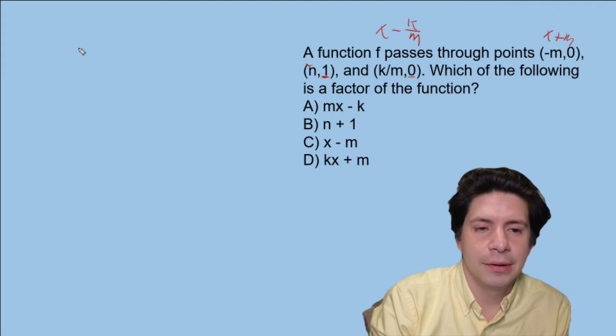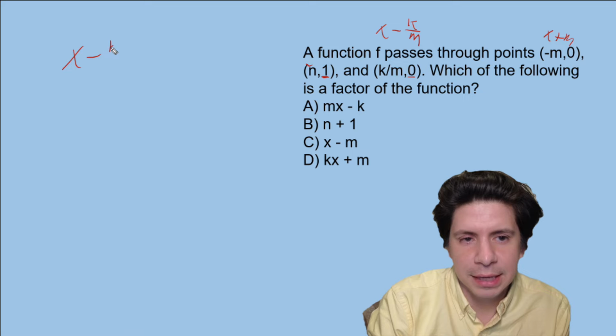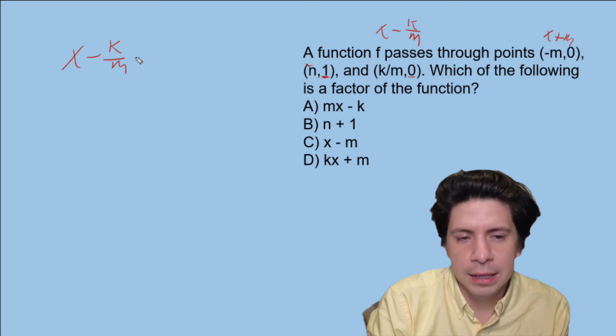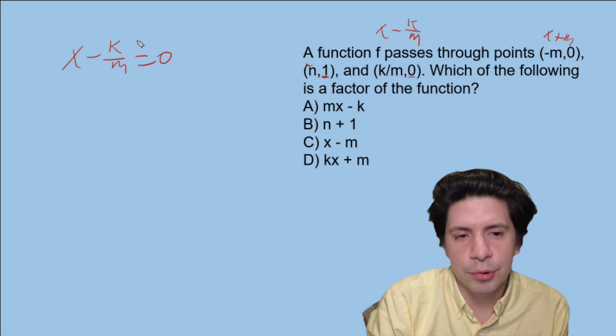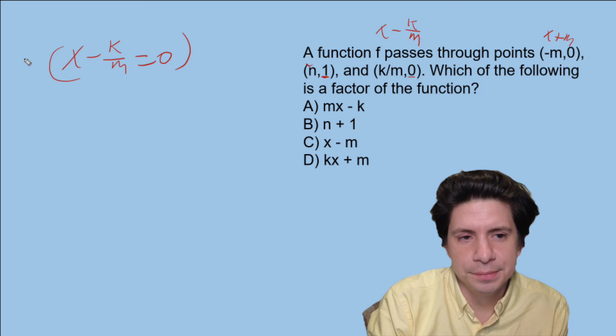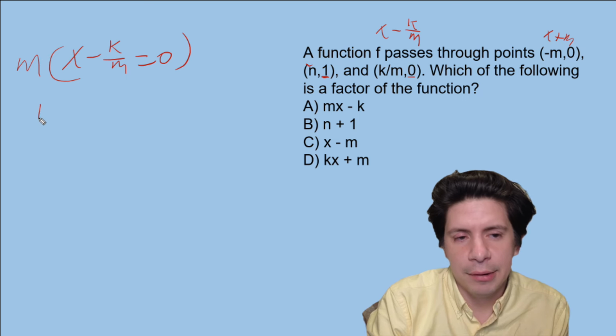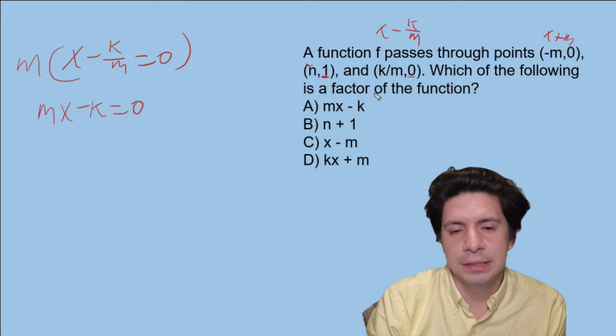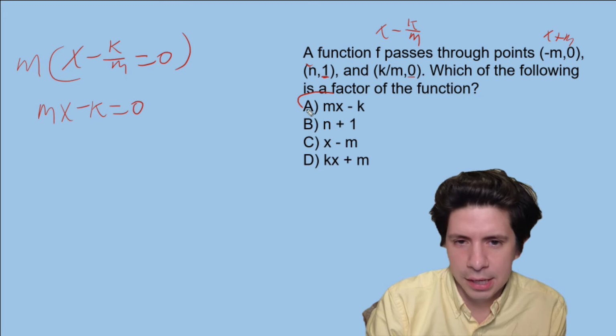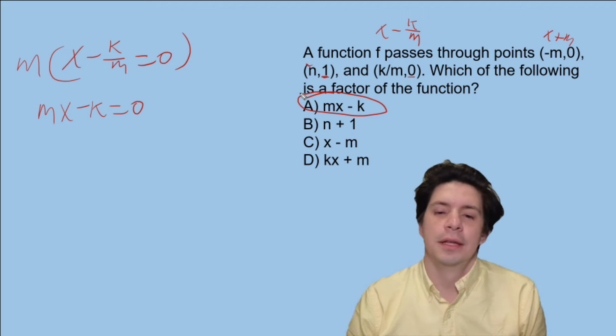Okay, so let's work on that one. X minus k over m equals 0. We multiply everything by m. And we're going to get mx minus k equals 0, which is A, right?